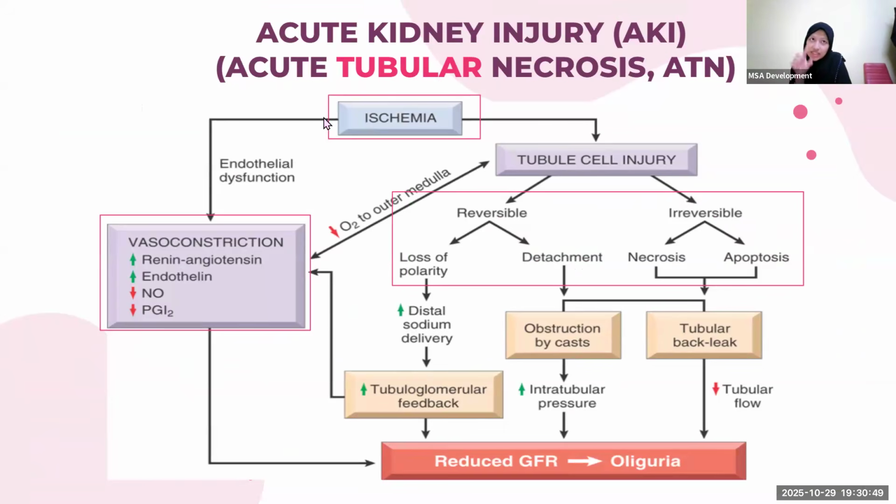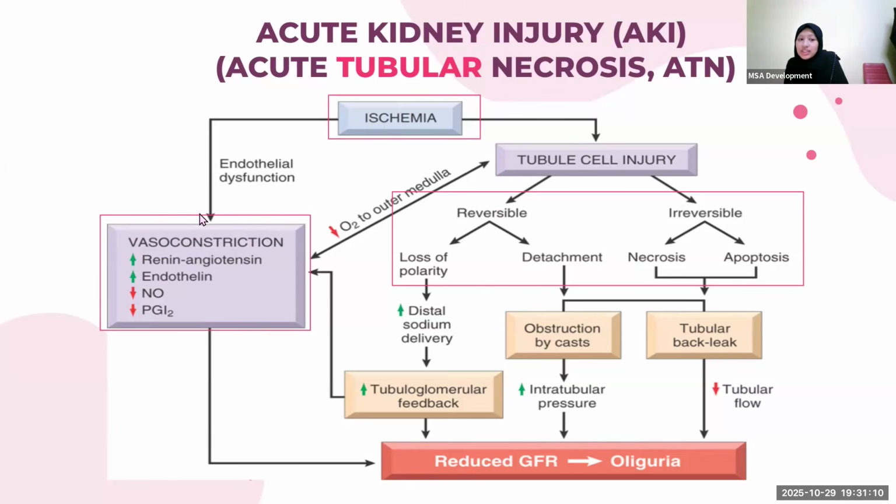Ischemia will cause less blood to come to the kidneys. The kidneys will react. They will vasoconstrict everything to reabsorb everything, right? To counteract the ischemia. So vasoconstriction is the main key factor. It will again cause kidney injury by itself, even though it's a defense mechanism.